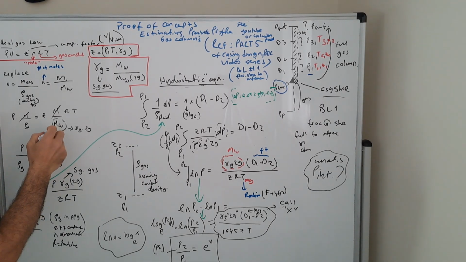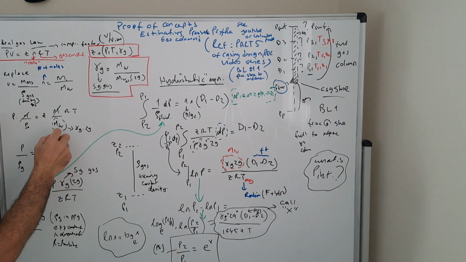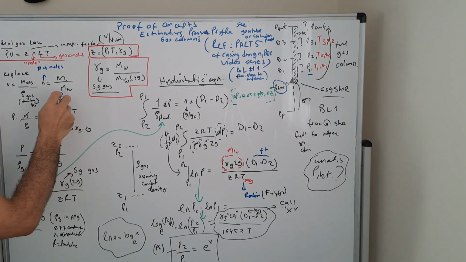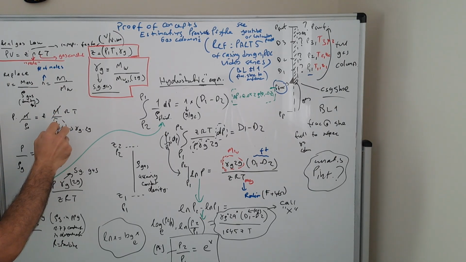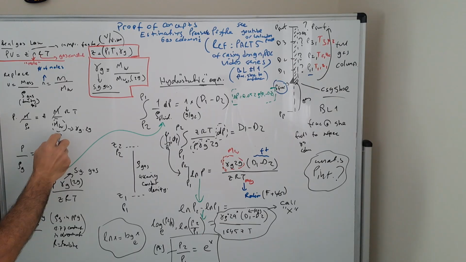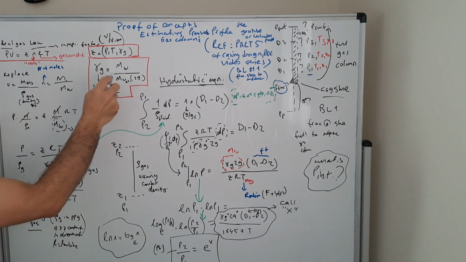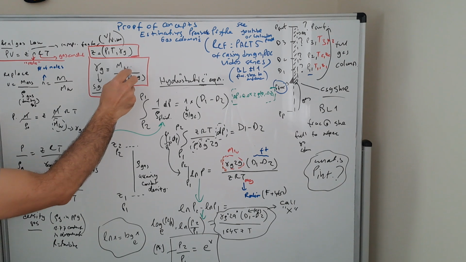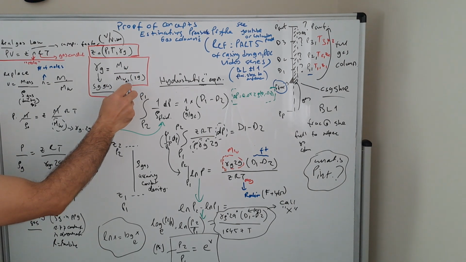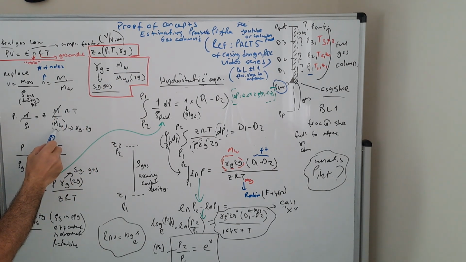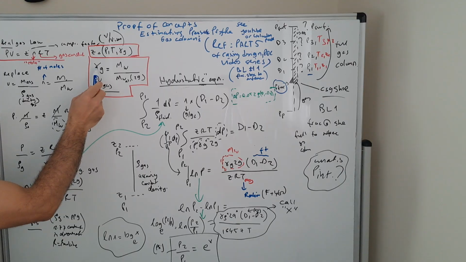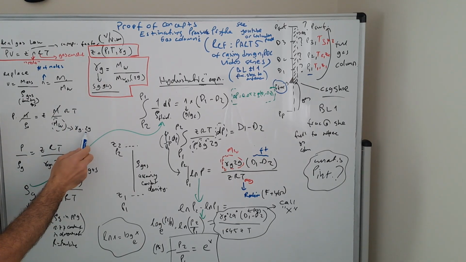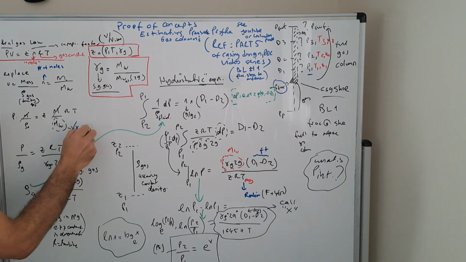And I know the molecular weight, because I was writing the specific gravity of the gas as the molecular weight of the gas divided by the molecular weight of air. So I could write the molecular weight in terms of the specific gravity of the gas times 29. So I write it here.